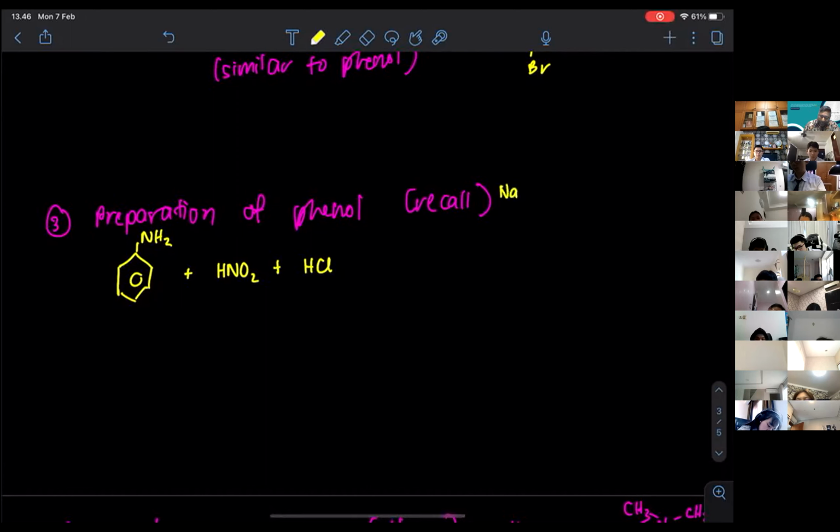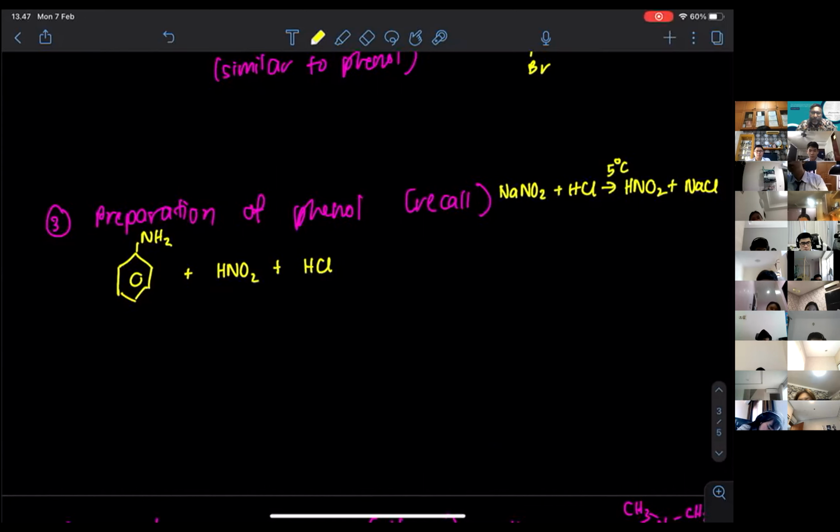You use NaNO2 plus HCl. They will give you HNO2 and then NaCl. Do remember this is done at 5 degrees Celsius. If it is more than 5 or more than 10 degrees Celsius, the HNO2 will decompose to give you nitrogen gas. We can recall all this.